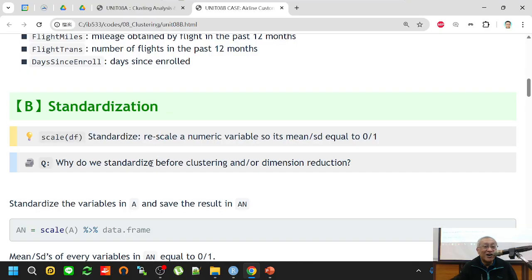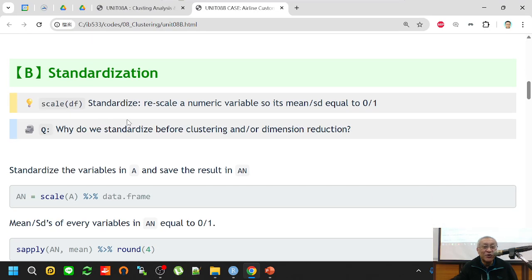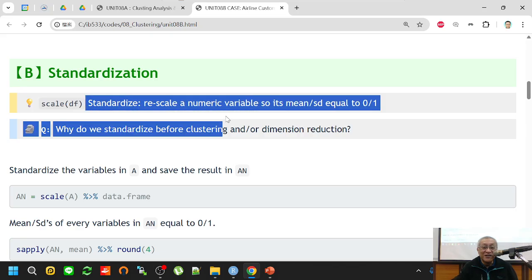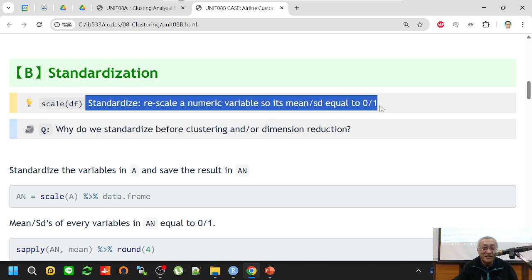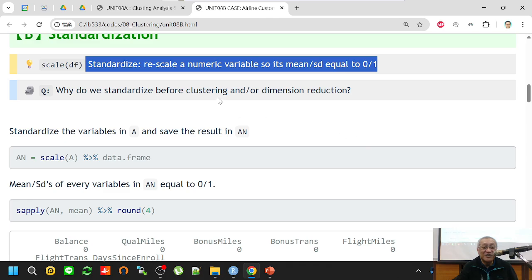As I told you, for those who already learned statistics, it's standardization. You rescale a variable so that its mean becomes 0 and its standard deviation becomes 1, right?